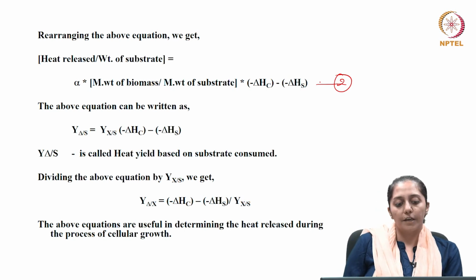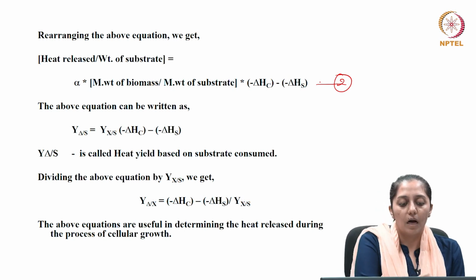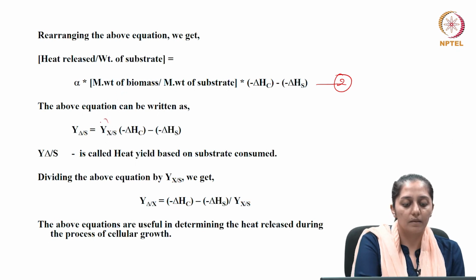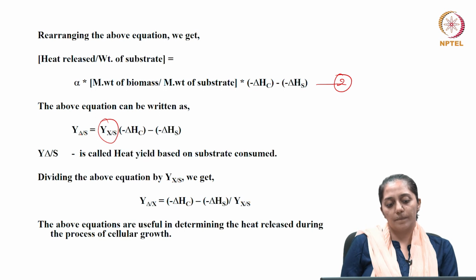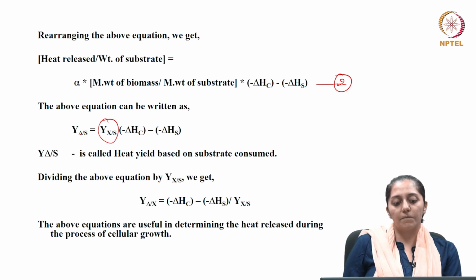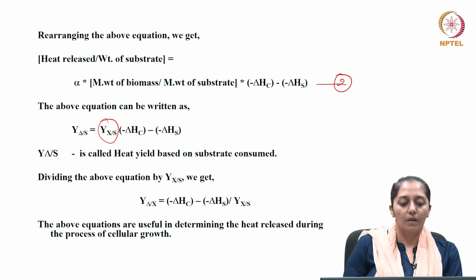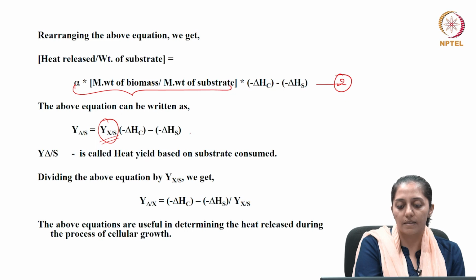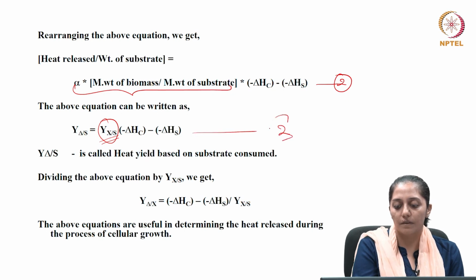Now, if you see, the amount of biomass to amount of substrate consumed is nothing but the Yx by S, isn't it, which is alpha times molecular weight of biomass divided by the molecular weight of substrate, because it is only 1 mole of substrate getting consumed. So, we have replaced this, which I am showing by a curly bracket, by Yx by S in equation 3 here.